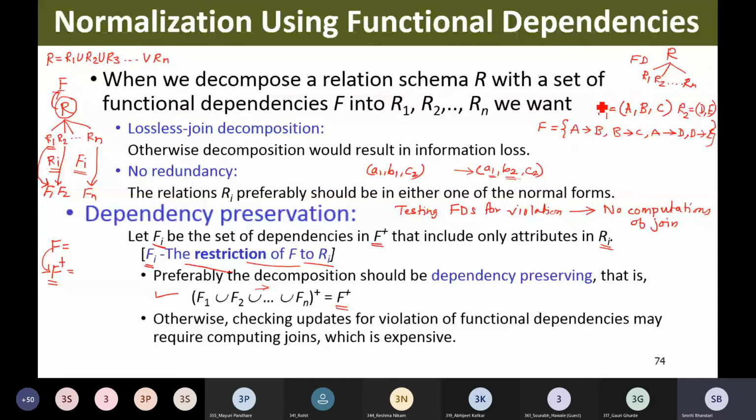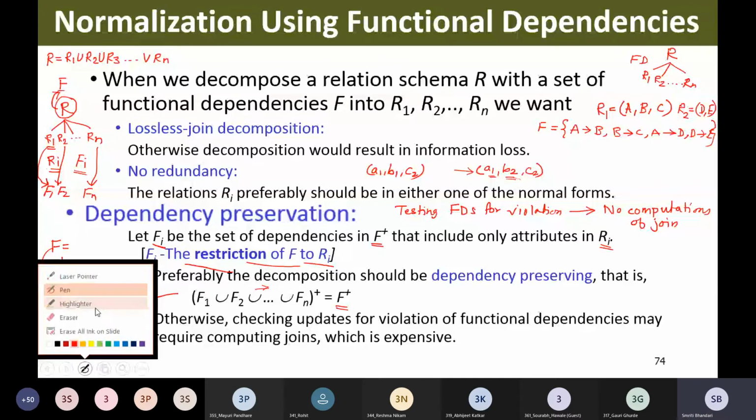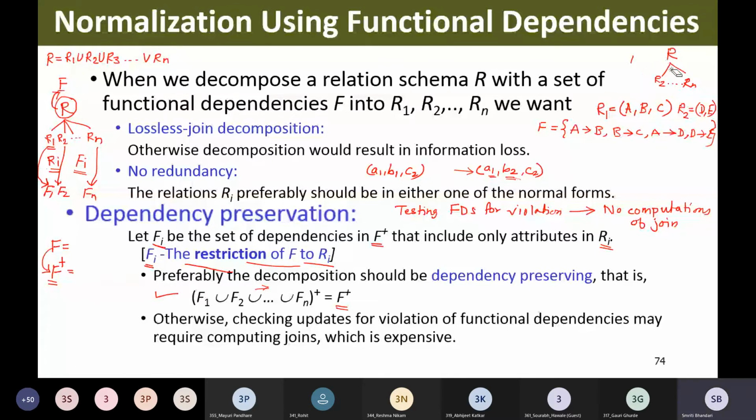So my original relation R, having 5 attributes A, B, C, D and E, is decomposed into these two relations: R1 with 3 attributes A, B, C, and R2 with 2 attributes D and E. And we have been provided with this set of functional dependencies.